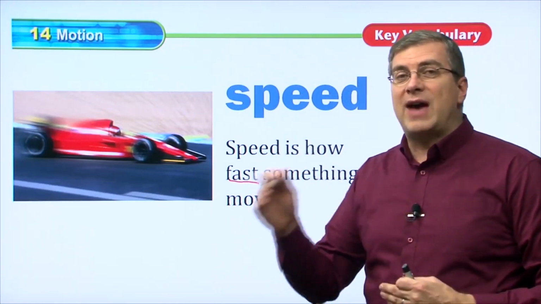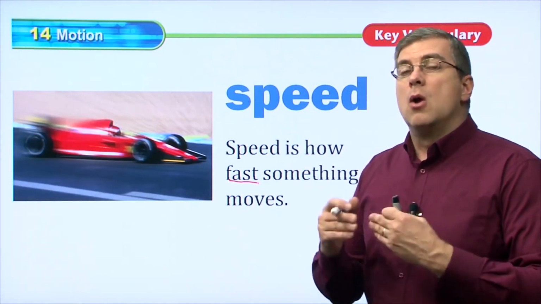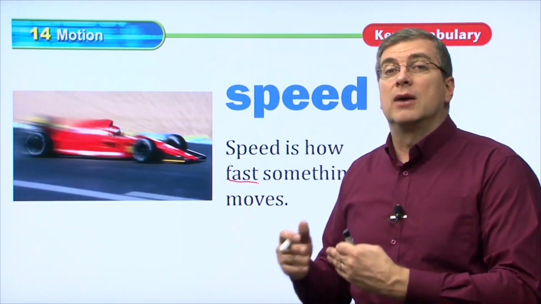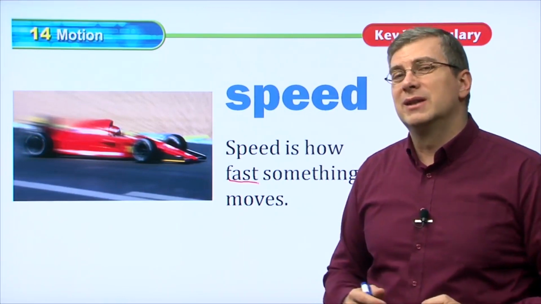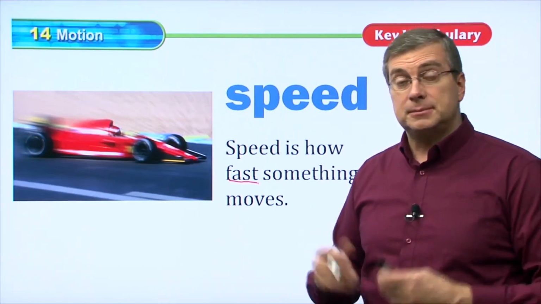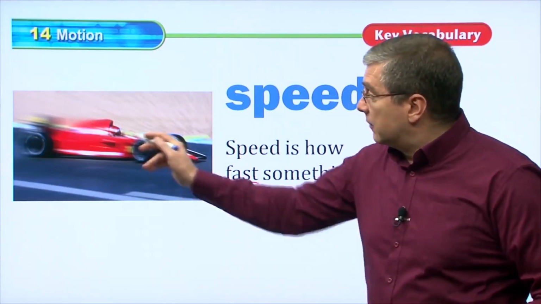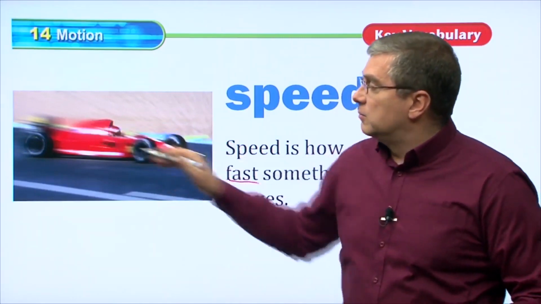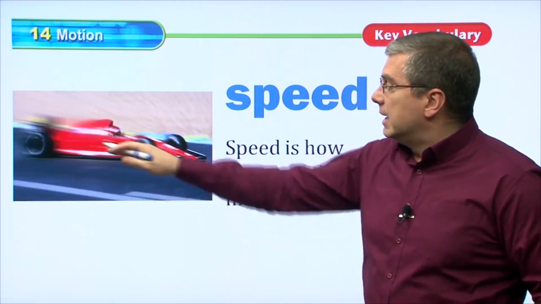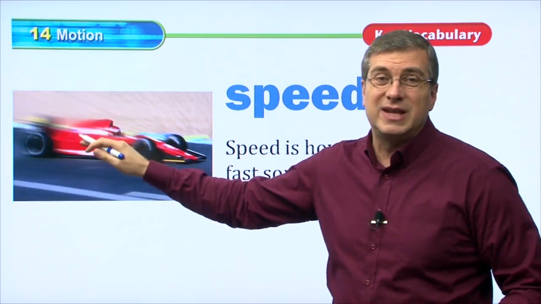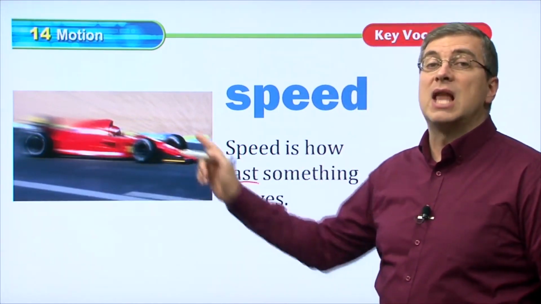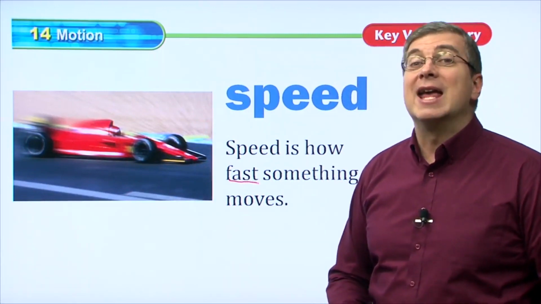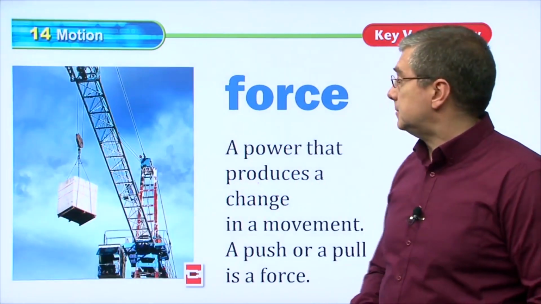When we talk about fast or slow, we're talking about what is the speed of the object, whatever is moving. Something is moving, what is the speed of that object? How fast is it moving? If we see a car, wow, that looks like it's moving very fast, right? It's hard to see it, right? Because it's moving so quickly. It has a lot of speed.